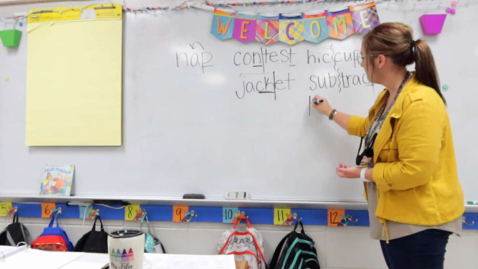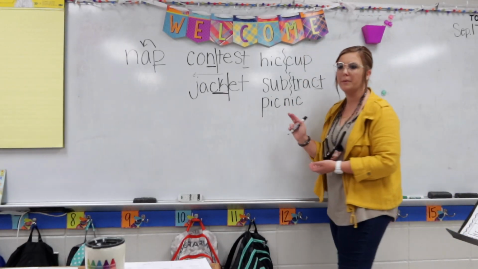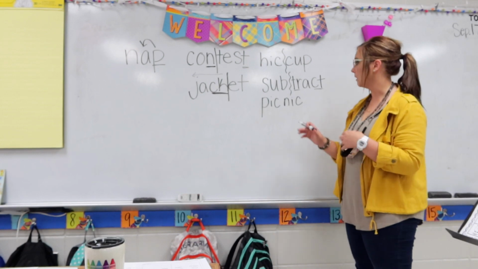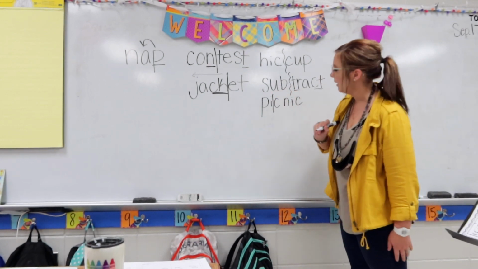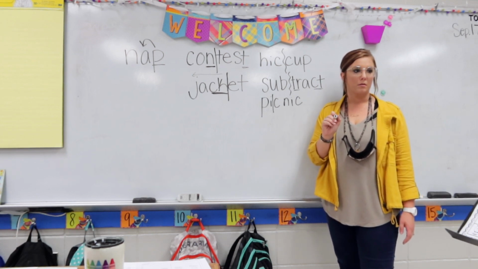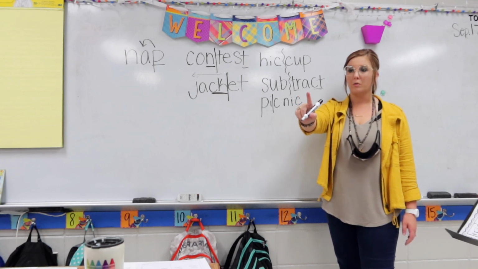What about picnic? Where would we separate picnic in between the syllables? In the middle. How do you know you're splitting it right here in the middle? Because it's two words, but also because what would happen if I split the word right here? It'll be PI.